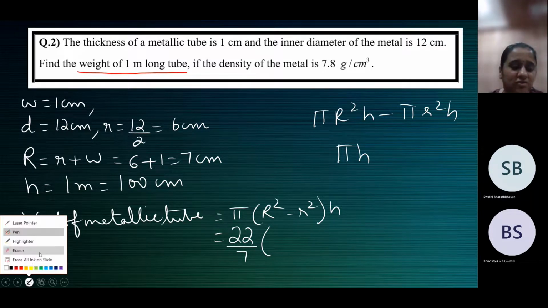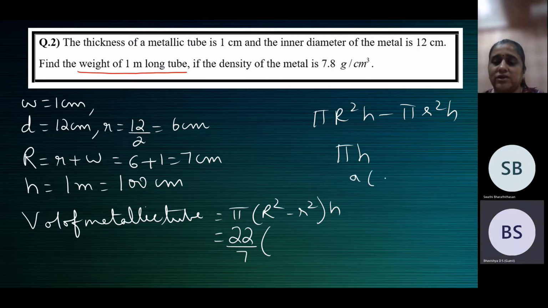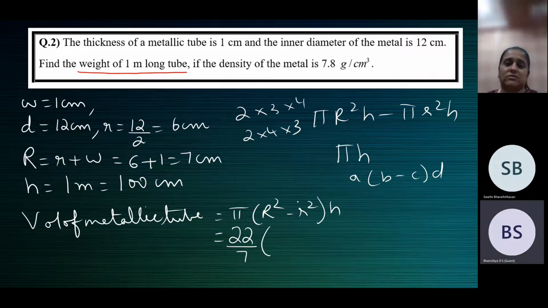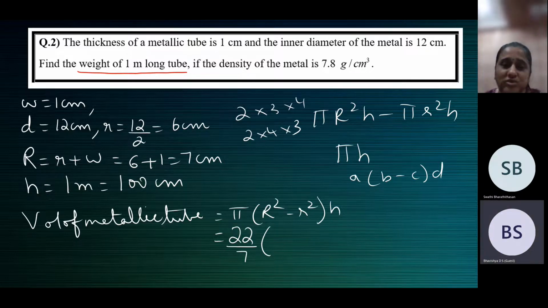Because see here, it's like this, you have A into B minus C into D. You have 2 into 3 into 4, and you're just writing the 4 in front, 2 into 4 into 3. You're just changing the position. Maybe you can say commutative property. Sorry, associative property.